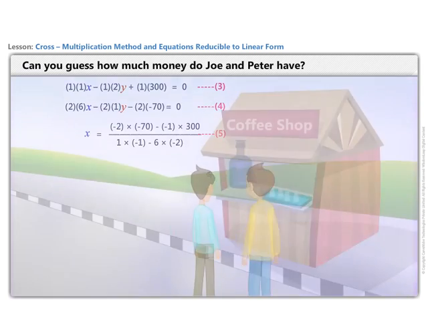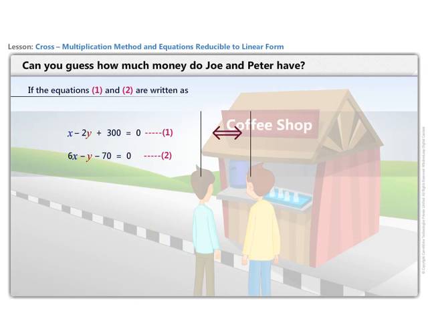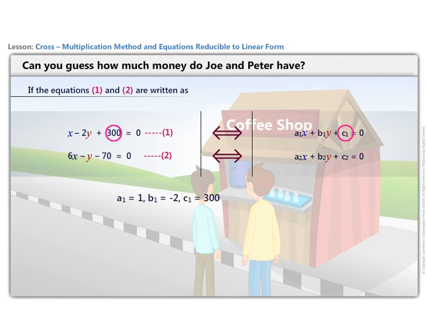If equations 1 and 2 are written as a1x + b1y + c1 = 0 and a2x + b2y + c2 = 0, then we have a1 = 1, b1 = -2, c1 = 300, a2 = 6, b2 = -1, and c2 = -70.